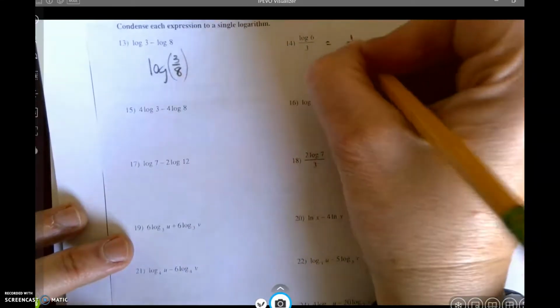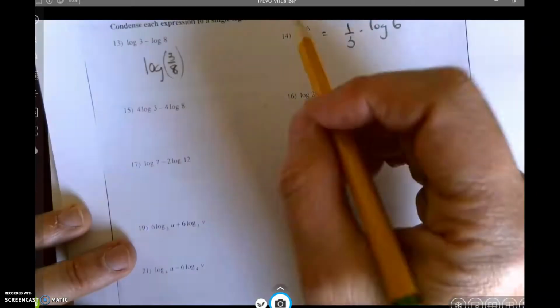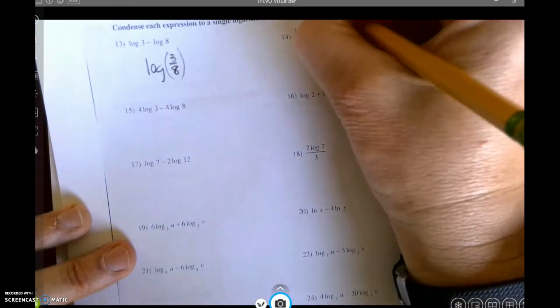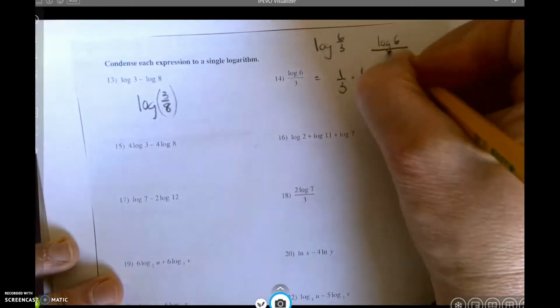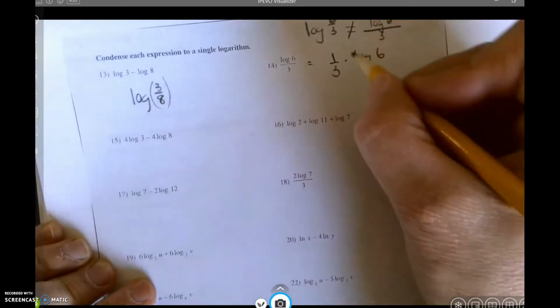Alright, for this next one, log of 6 divided by 3, I'm going to rewrite that as 1/3 times the log of 6, because this is not log of 6/3. That's not what this says. This says log of 6 all divided by 3. These are not equal to each other. These are different. So this means 1/3 times the log of 6.